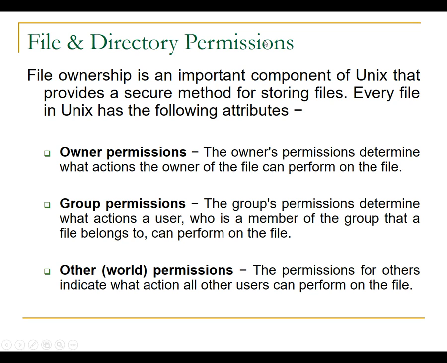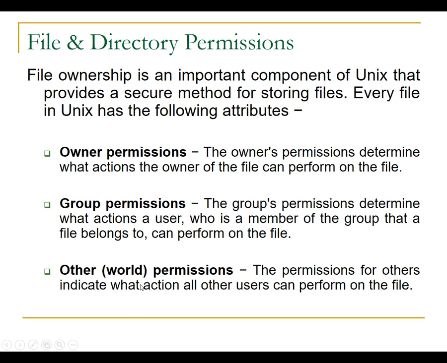Basically there are three types of permissions in Linux and even in Windows: owner permission, group permission, and other permission. Owner permission is a special permission which is only applicable to the owner of the created file. Group permission means the owner can provide permission to a specific group, and only group members can access that file.